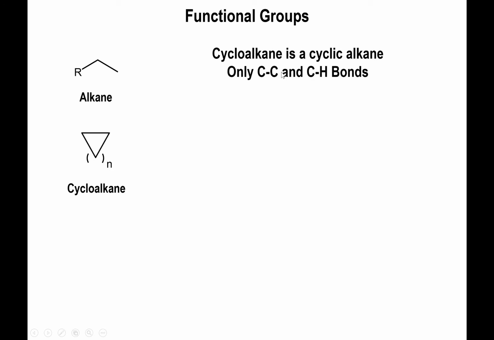And once again, you only have carbon-carbon bonds or carbon-hydrogen bonds, but the molecular structure is cyclic. What it also means is that you have a formula of CnH2n. So you reduce the number of hydrogens by 2, which tells you that you have a deficiency of 1 for your hydrogen count.